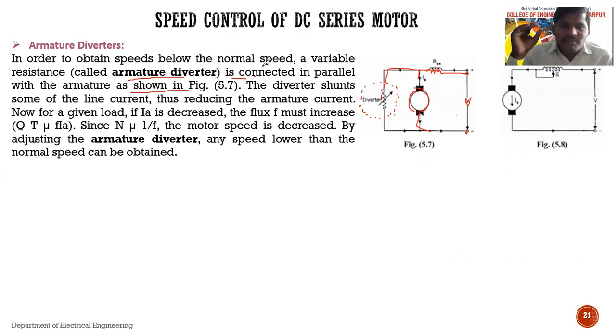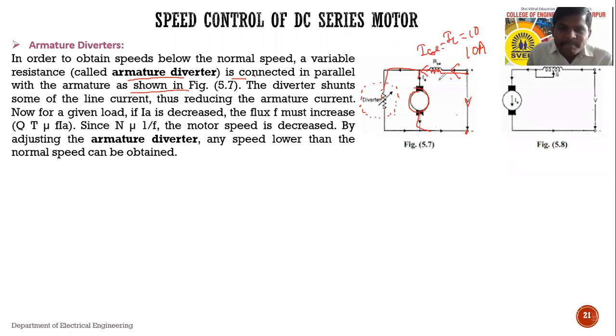So if it shunts this current, does the current flowing through the armature change or not? Yes, it will change. Suppose 10 ampere current flows from this line, that is IL equals 10 ampere. The same current flows through the series field winding.